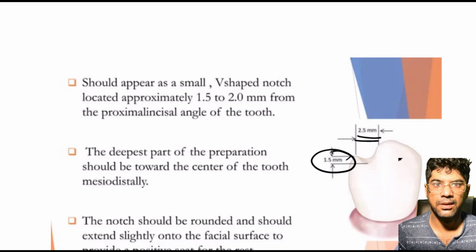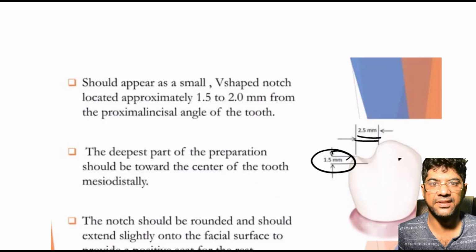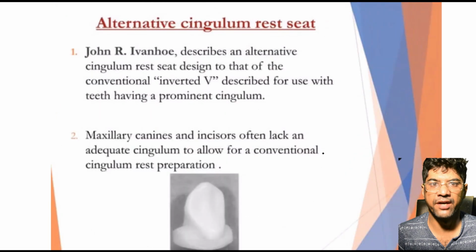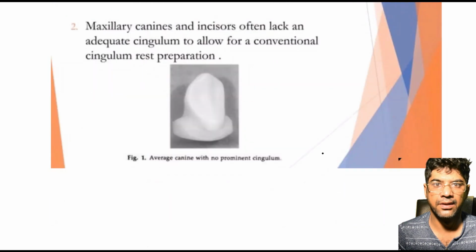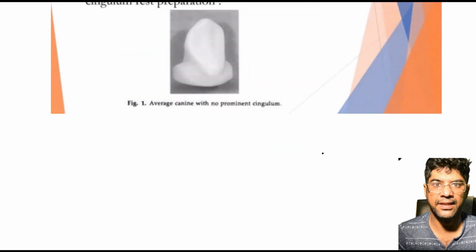The nose should be smooth to avoid any stress concentration. The incisal rest should have a V-shaped notch with a dimension of 2.5 in width mesiodistally and 1.5 occlusogingivally. The deepest part of the preparation should align with the long axis to distribute forces effectively.